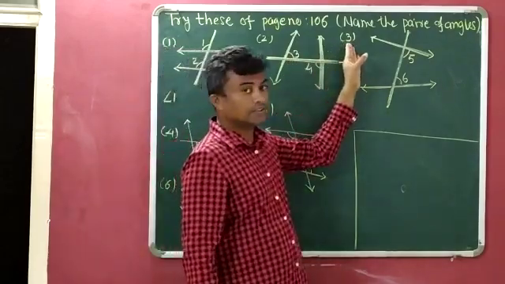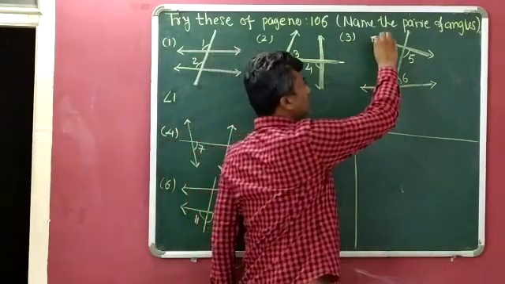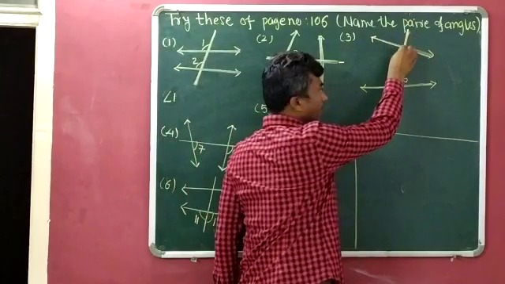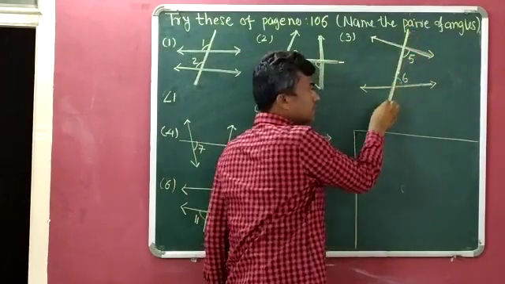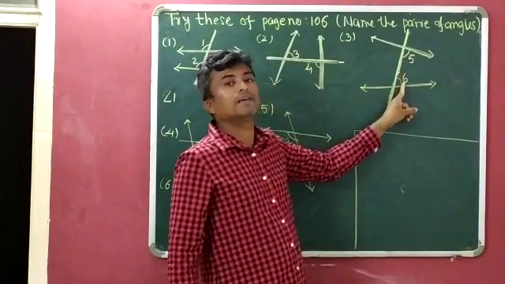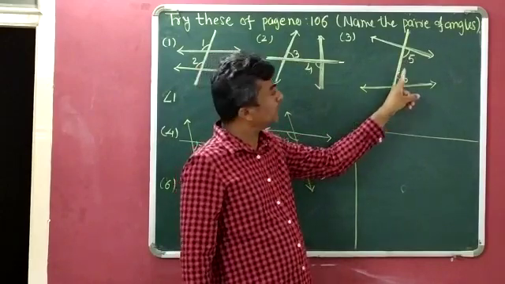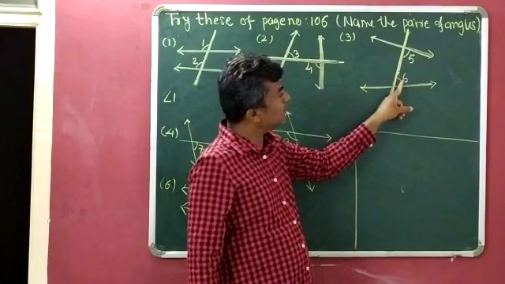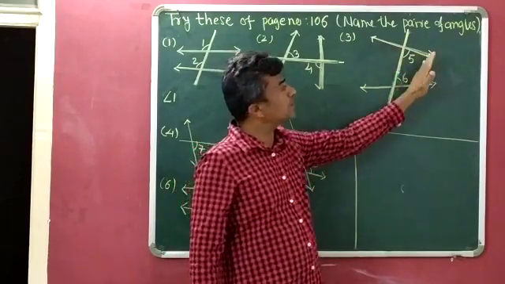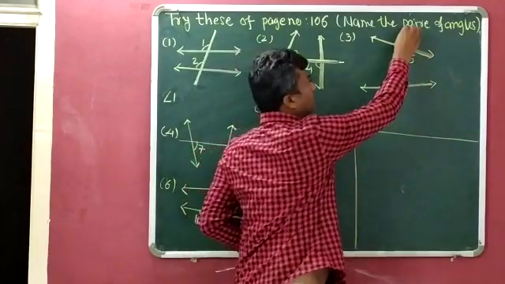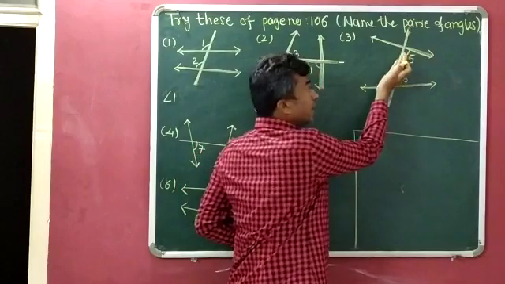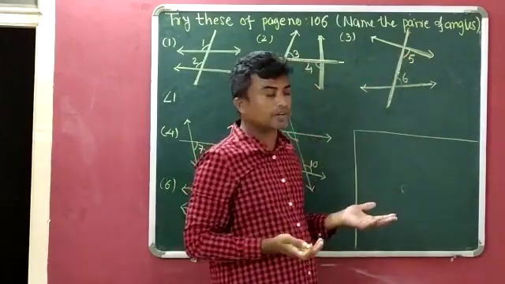Now question 3. One line is given, another line is given, and this is the transversal. We have to identify the pair name of angle 5 and angle 6. Both are interior angles and they are on the same side of the transversal. So they are co-interior angles. What is the definition of co-interior angles? They are interior angles on the same side of the transversal.